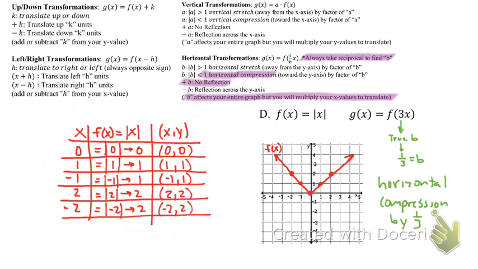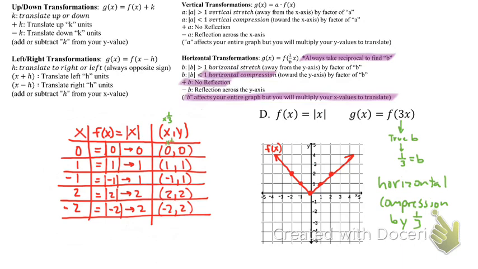So let's do our horizontal compression. So what we're going to do now is we're going to multiply all the x values. So all these x values get multiplied by 1/3. Okay? So let's do it.